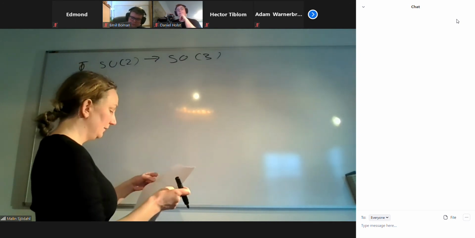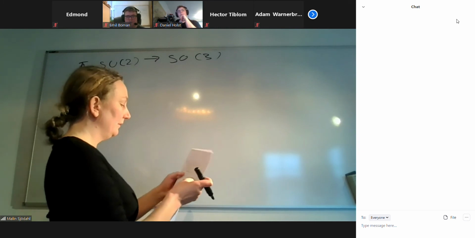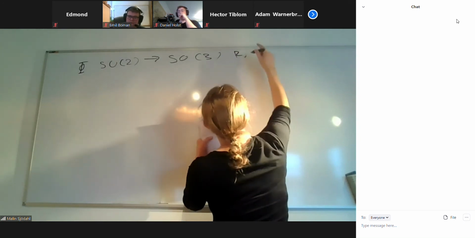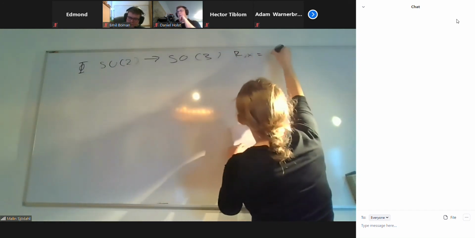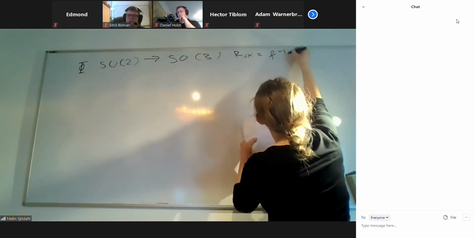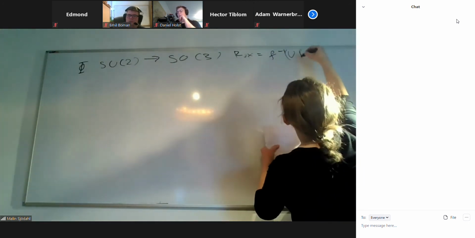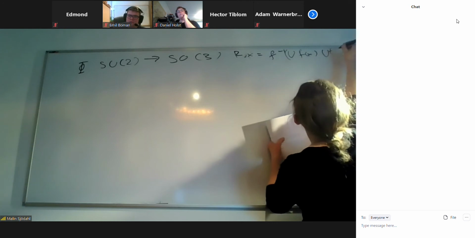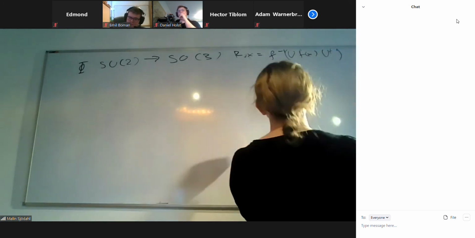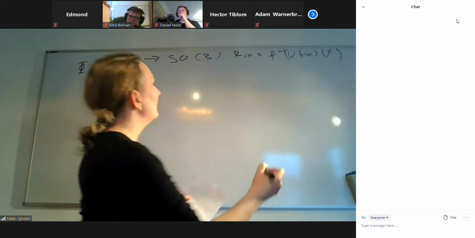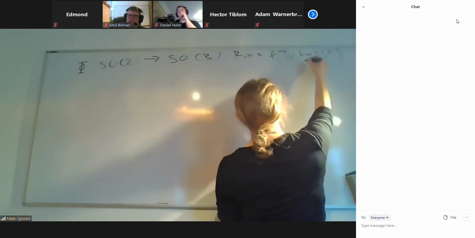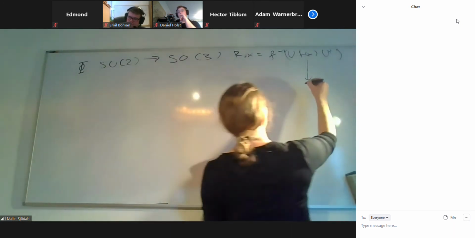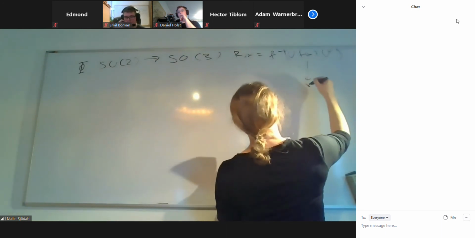We had that R x was equal to F inverse of U F of x U dagger, like this. But F maps x to sigma_i x_i.